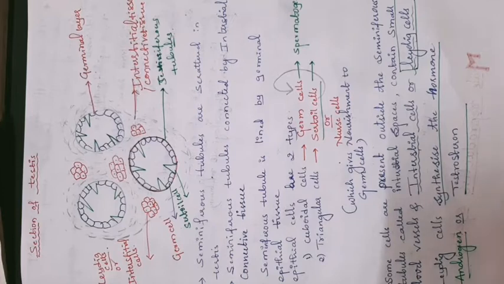The sperms are produced from the germ cells, particularly in the seminiferous tubules. Then the Leydig cells, which are present in the interstitial tissue, produce androgen or testosterone. Okay.